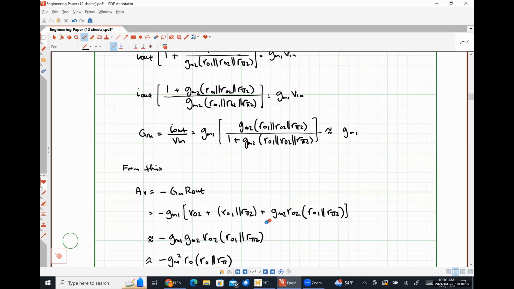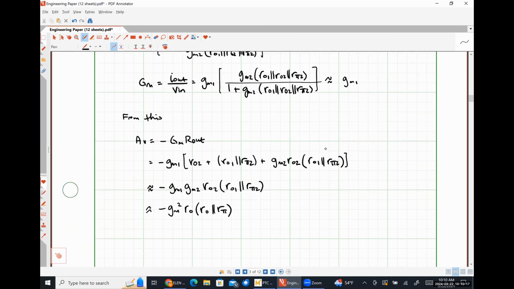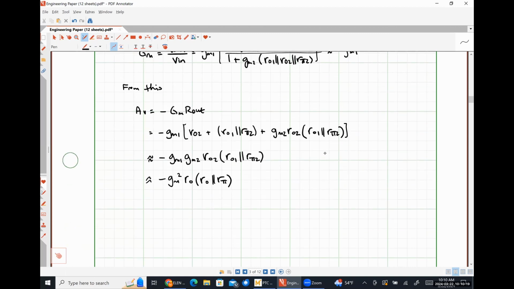So if we want a lot of gain, this is the ticket. Or actually, let me rephrase that. If we want a lot of gain with effectively the same performance as a common emitter amplifier, this is the ticket. It fulfills the role of a common emitter amplifier in very high gain circuits.